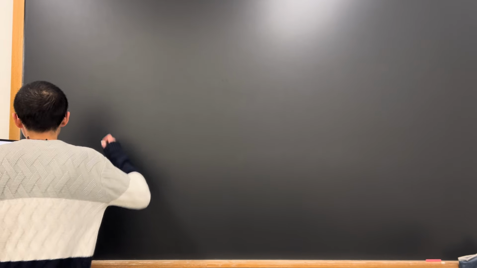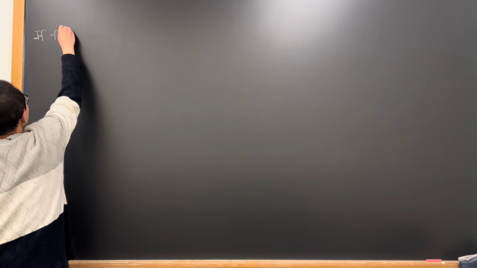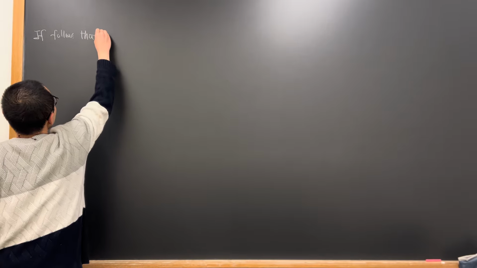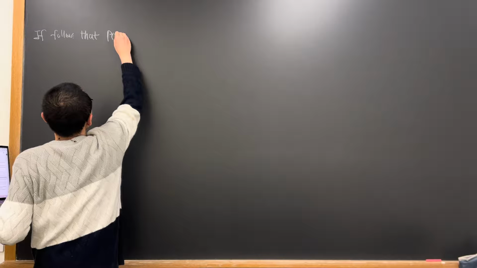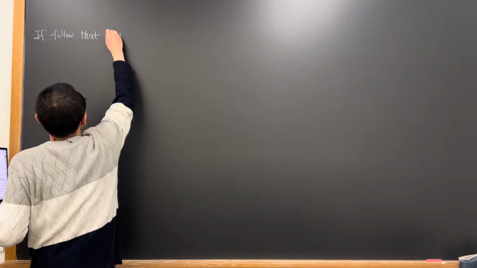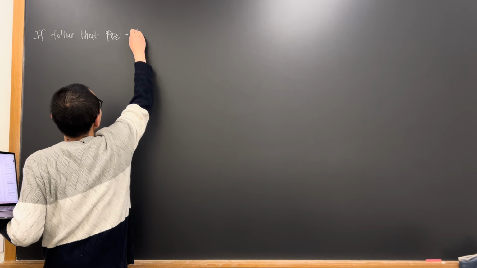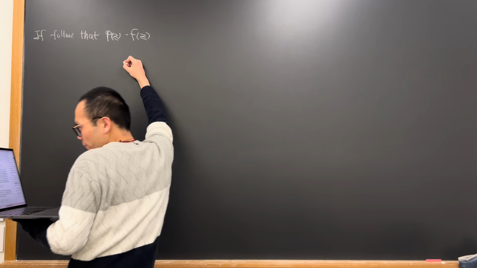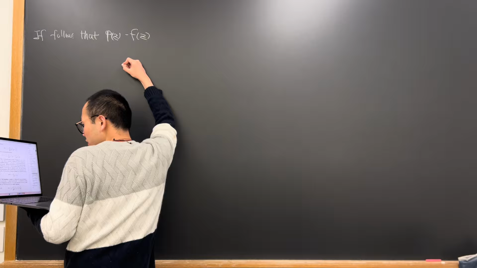Now it says that it follows that this PZ, I think it should actually be a square, P minus FD, is a constant.